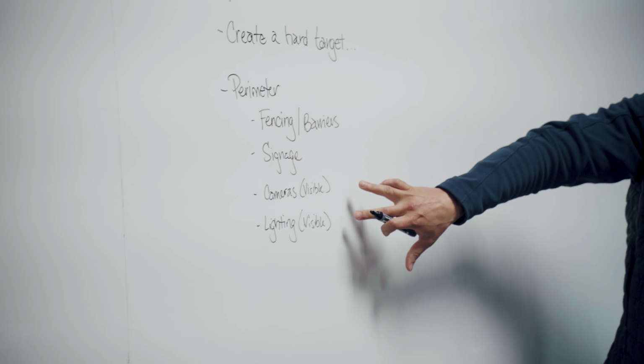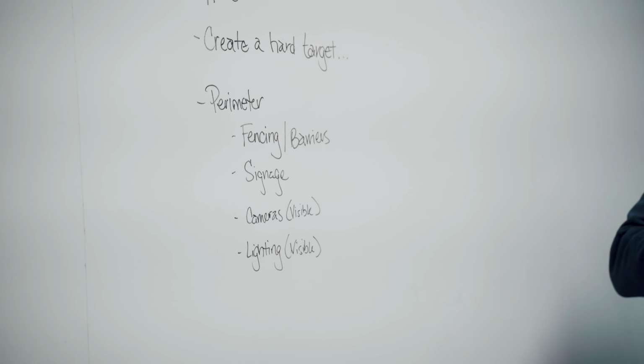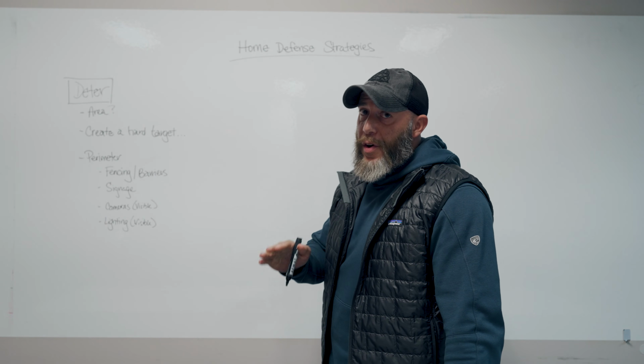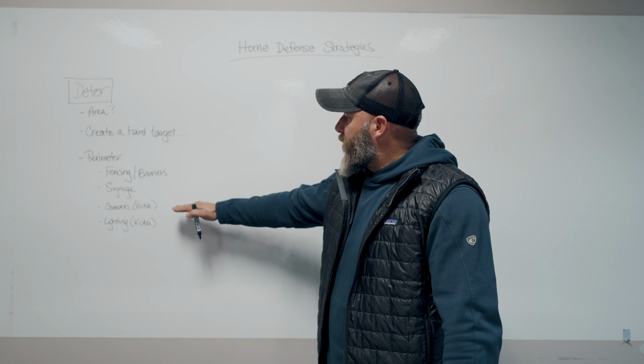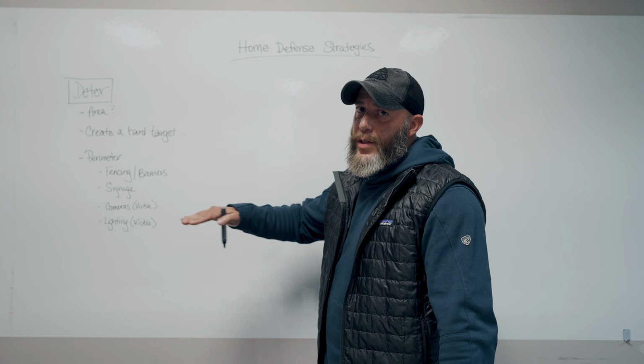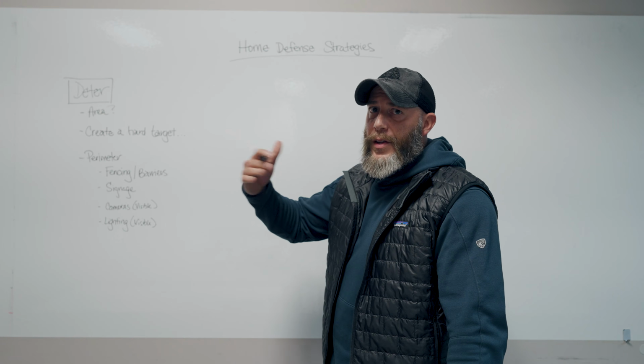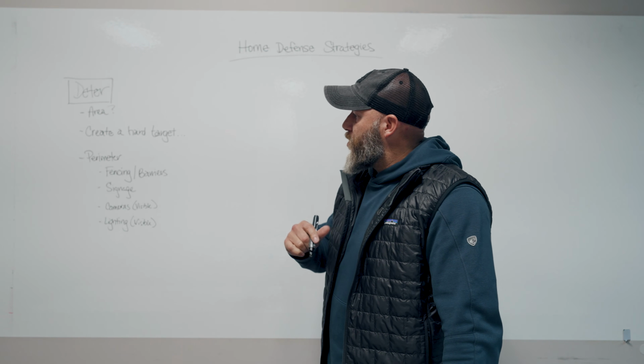It will fall into the category of detection, but at face value, if I can get those cameras and that lighting to act in a way that deters something bad from happening, then that's a good thing. So there's aspects of cameras and lighting that I want to do intentionally that is visible from the property line of an onlooker that sees it and says, yep, this juice isn't worth the squeeze.